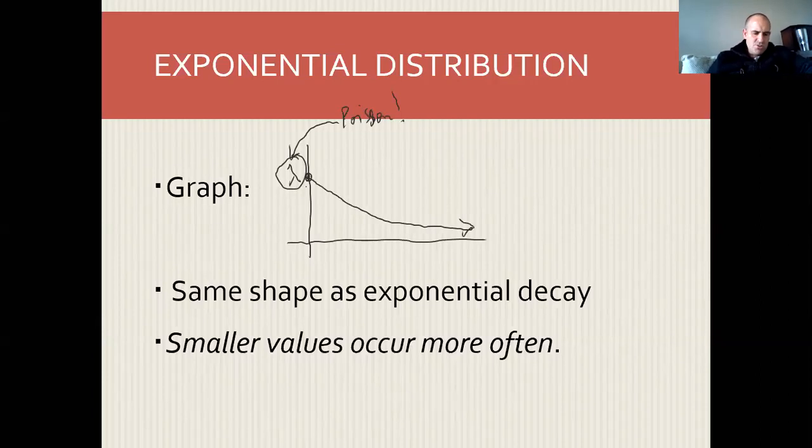And this is the density value. If you look at this, it says smaller values occur more often. You can tell because the density is higher up to the left, and it continues to get smaller and smaller as you go off to the right. So the smaller values occur most often. And of course, the integral from minus infinity to infinity of f of x dx has to be equal to 1, because this thing is giving us probabilities.